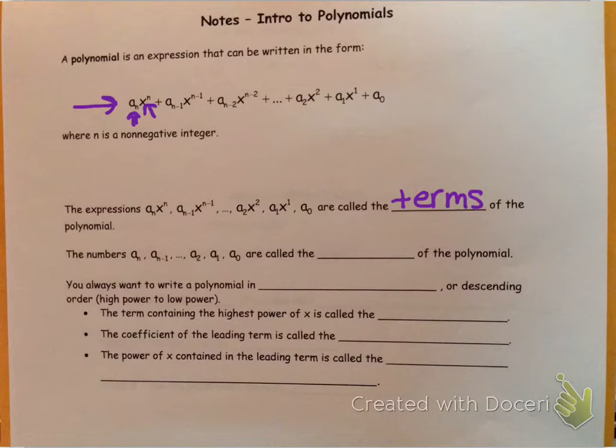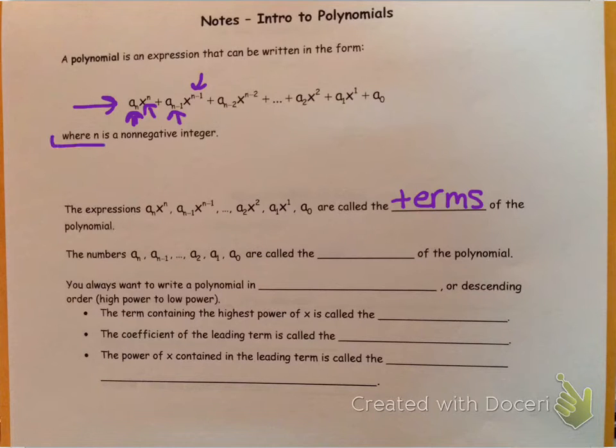This first n right here is just telling you that it's the coefficient that goes with the x to the power of n term. So this little n minus 1 right here is just telling you that it's the coefficient that goes with the n minus 1 power term, because the coefficients aren't what's important when deciding if it's a polynomial.